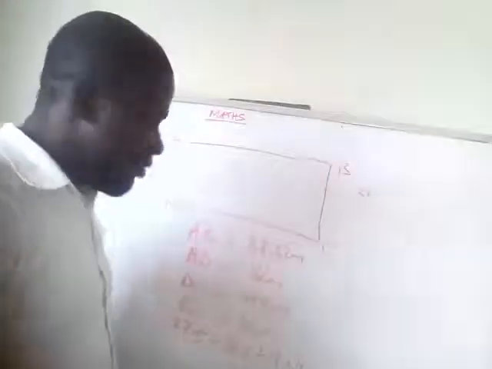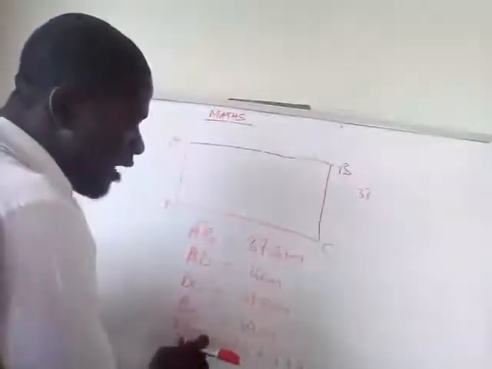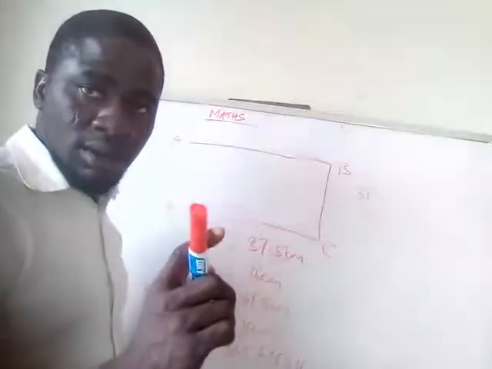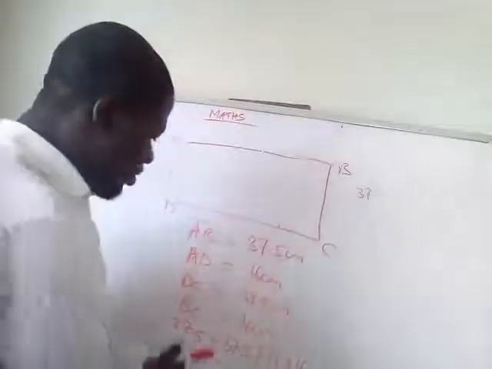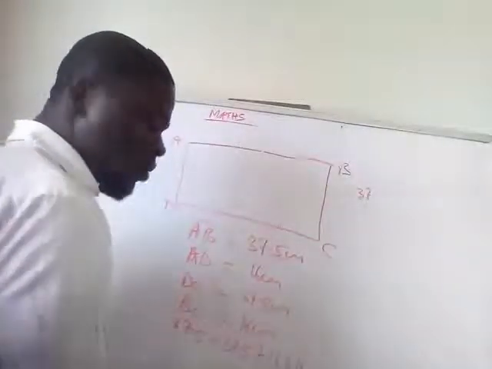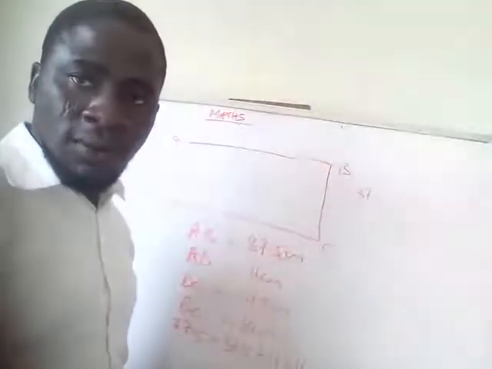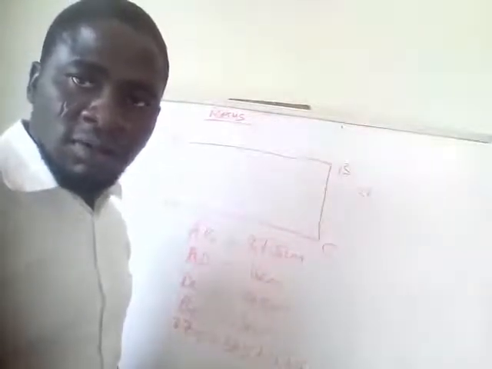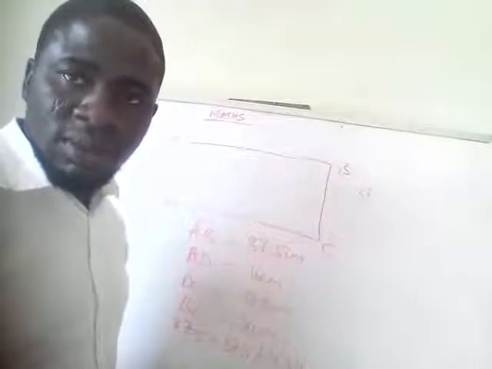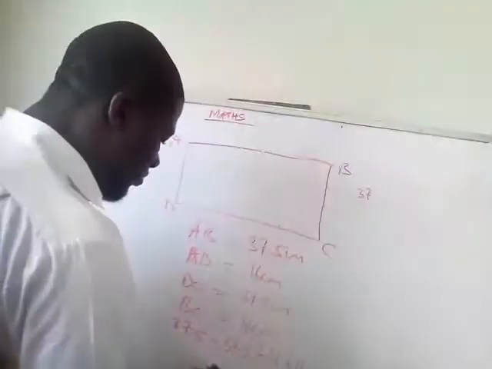That is, if you have 37, half and half will give us 1. That's the 0.5 and 0.5 will give us 1. So 37 plus 37 will give us 74. 74 plus 1 will give us 75. So we have 75.